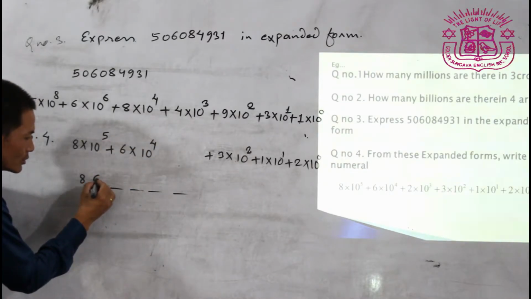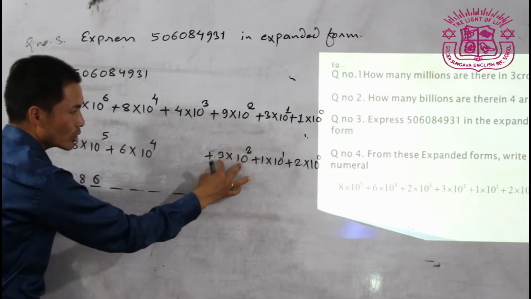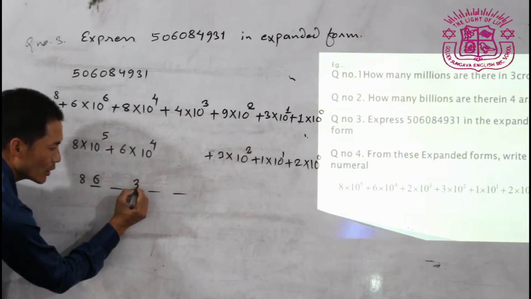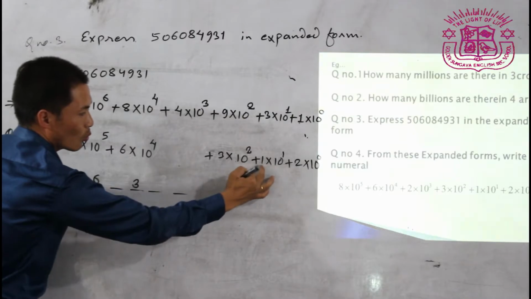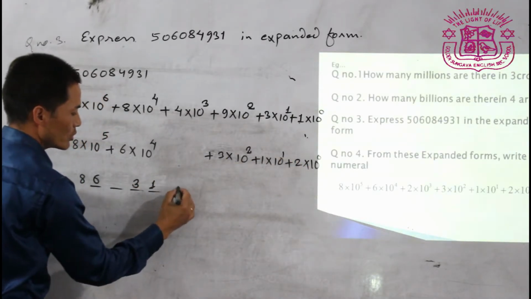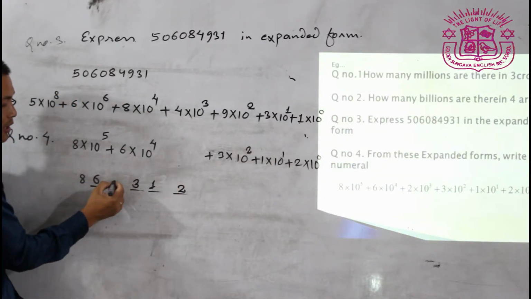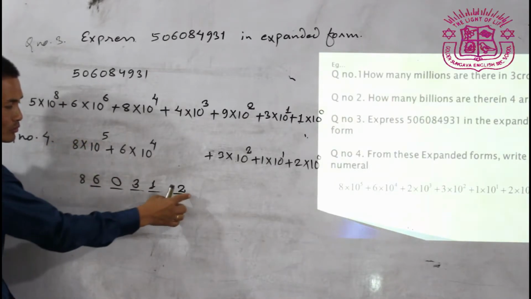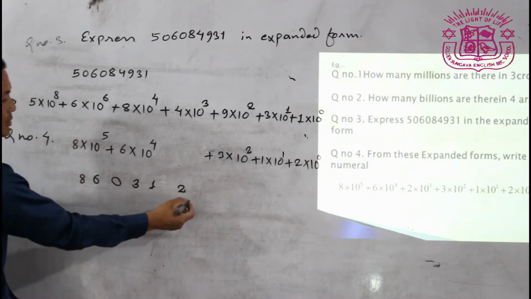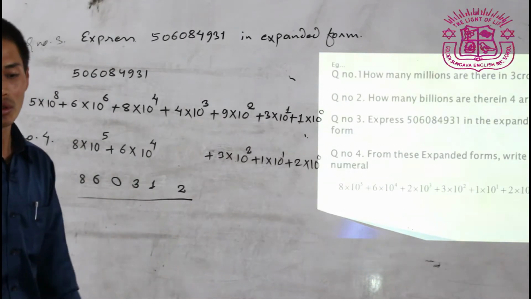Then 3 times 10 to the power 2: after 3 there must be 2 blanks, so we write 3 here. Then 1 times 10 to the power 1, and 2 times 10 to the power 0 means 2 is here. And what do we write in the blank space? We write 0. So your right answer is 860312. This is the short form of this expanded question.